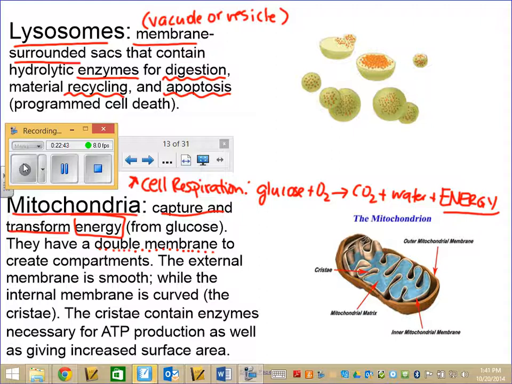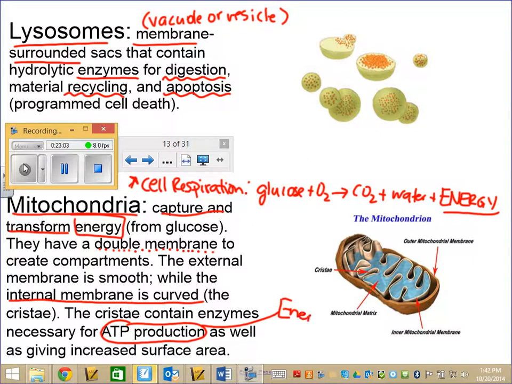But the internal membrane is curvy. And so whenever we show a mitochondrion sliced open, it's got that wavy line on the inside. The wavy line on the inside is called the cristae, and that's the spot where ATP is produced.